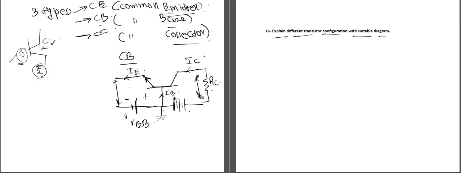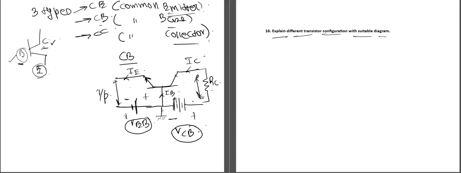And this is the output voltage, V of CB, which is the voltage between the collector terminal and the base terminal. We apply the input between the emitter and the base, and take the output across the base and collector.